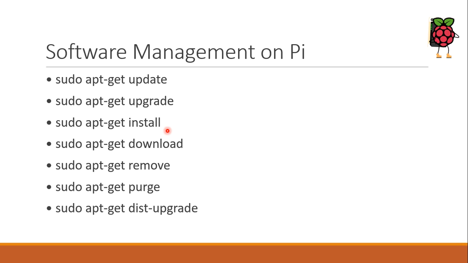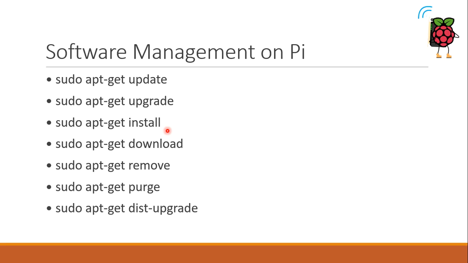What is software management on Raspberry Pi? There are certain commands to update, upgrade, and install modules or tools on the Raspberry Pi. Update is used for updating certain applications or packages. Upgrade means the complete tool is upgraded to a new version. If you want to install an application, I go for install.